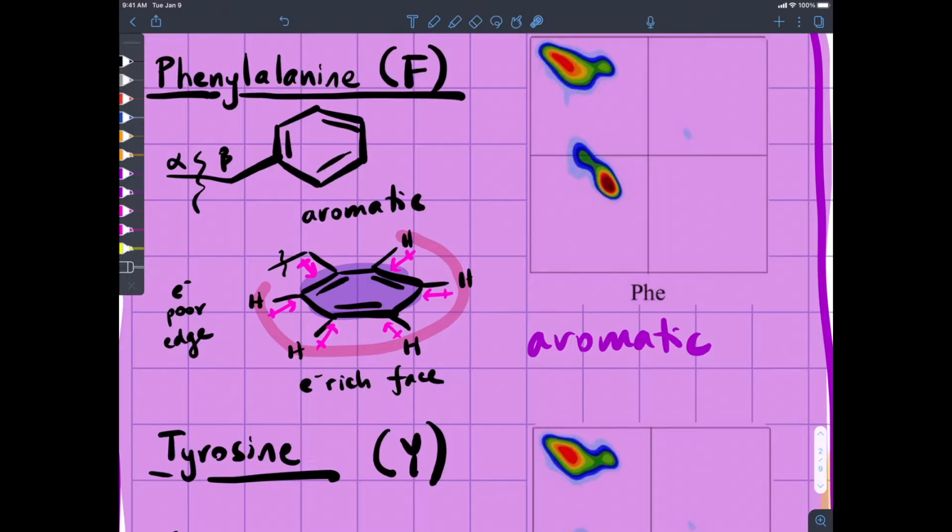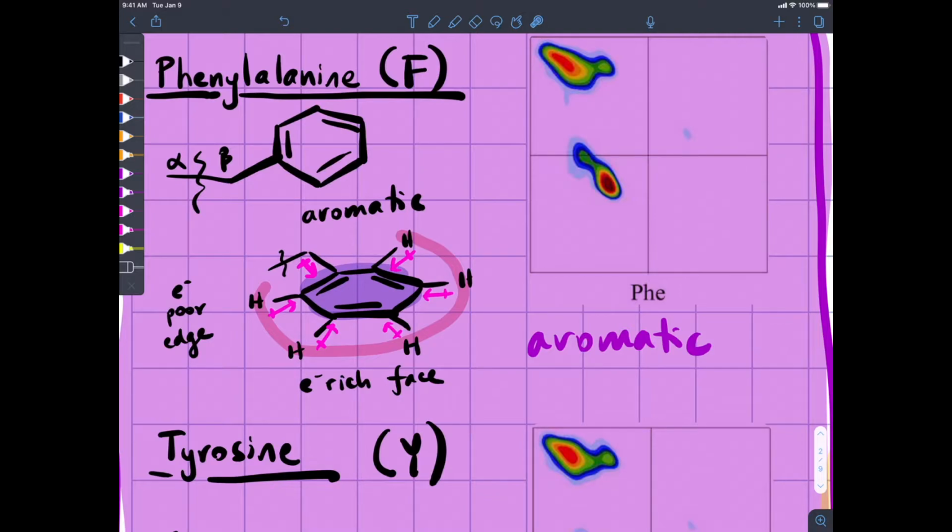And a quadrupole is a non-uniform distribution of electron density, but not along a line, instead in space. So if you were to look at the electron density associated with this ring, you would see a lot of it hovering above or below the benzene ring. And then around the edges, you would see electron poorness.